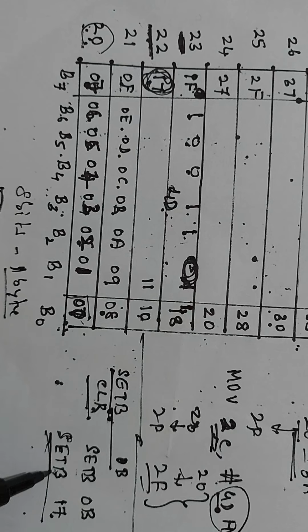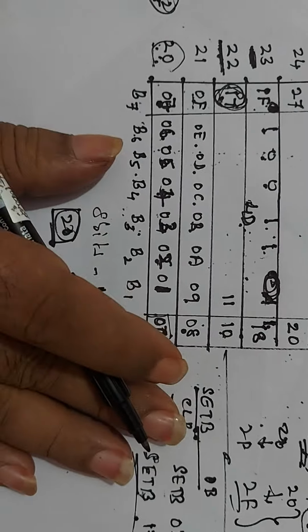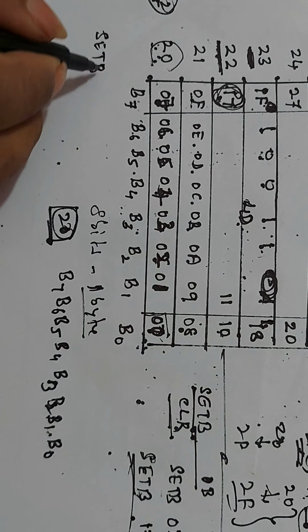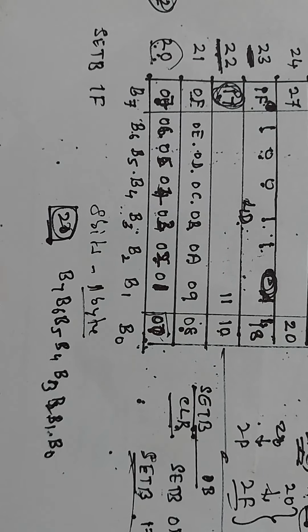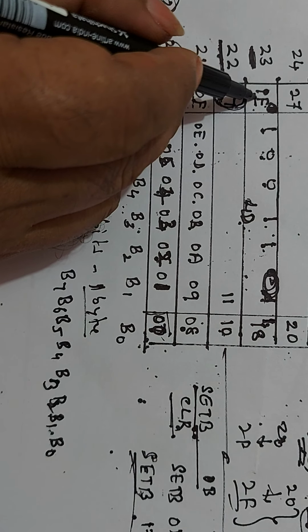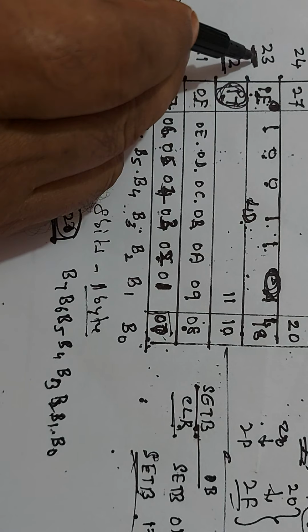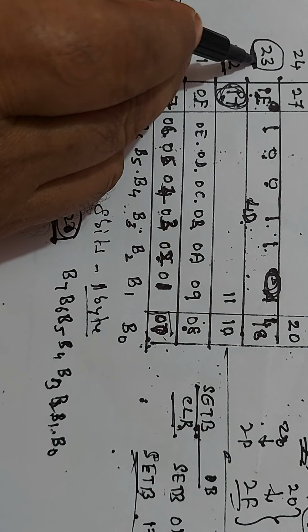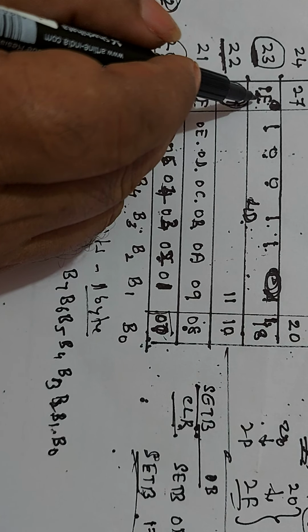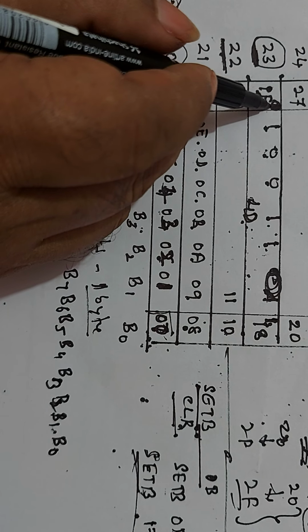Now, what is set bit 1F? I will write the instruction: set bit 1F. What does it mean? 1F is the 8th bit of RAM location 23. What is the value in this 8th bit? In 1F, 0 is the value.